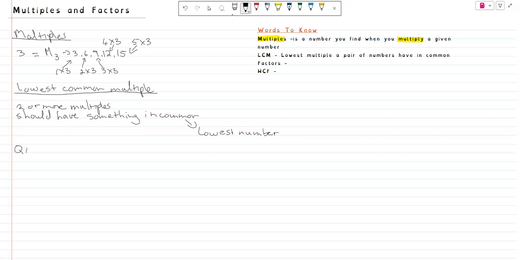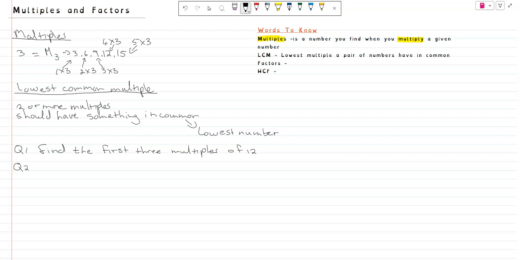Question number 1. Find the first 3 multiples of 12.